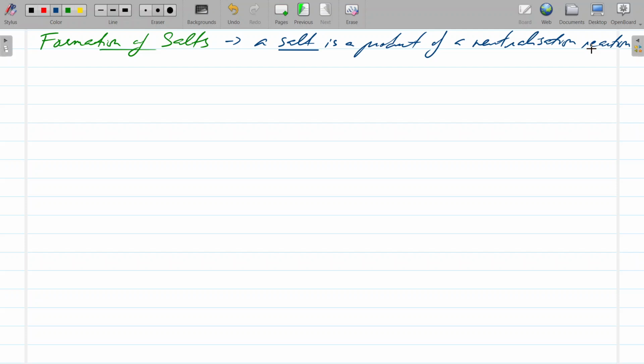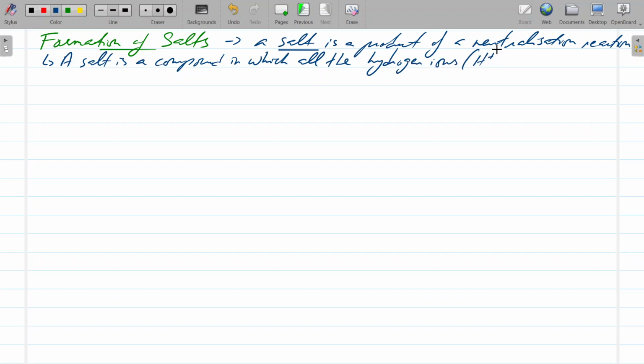To be more specific, a salt is a compound in which all the hydrogen ions, that's the H plus, have been replaced by metal ions.